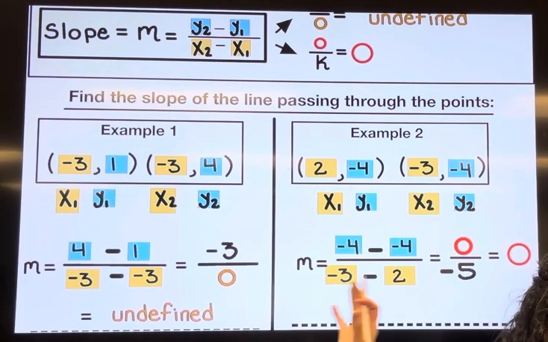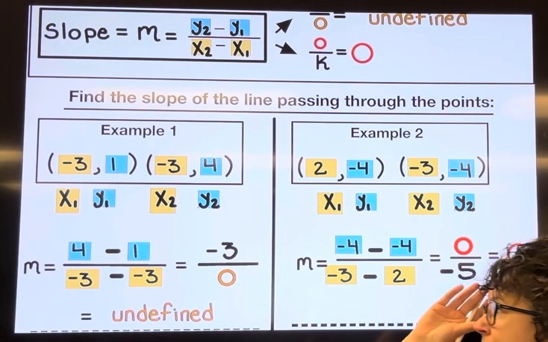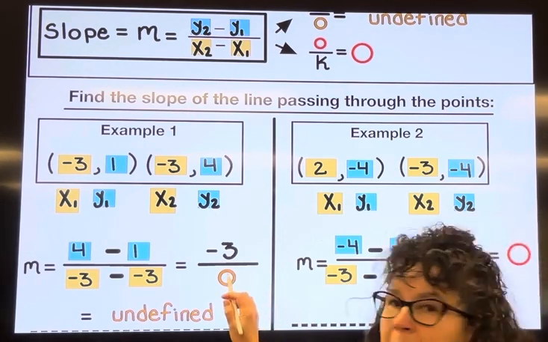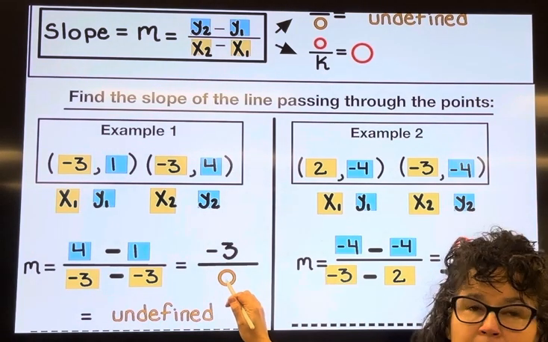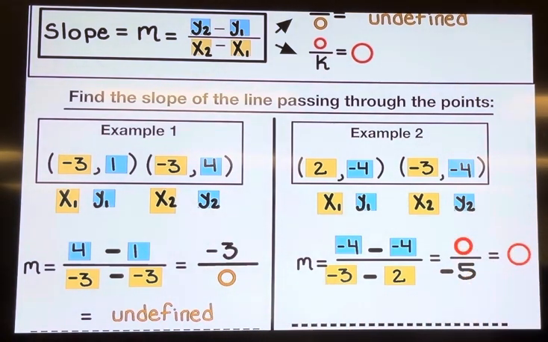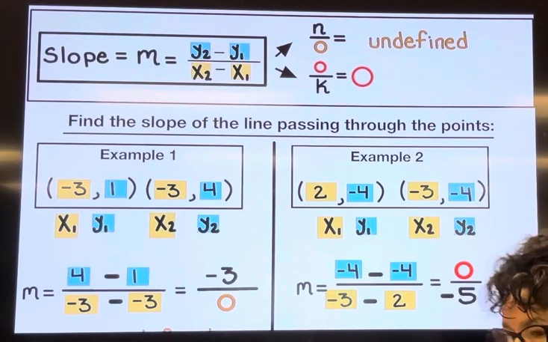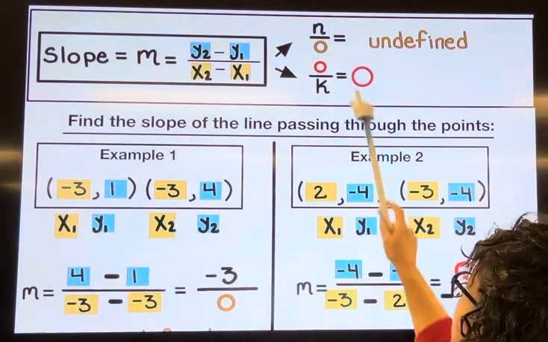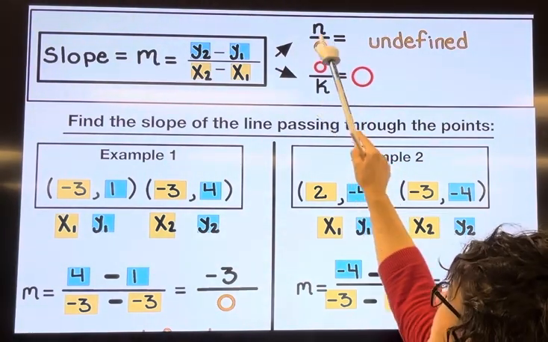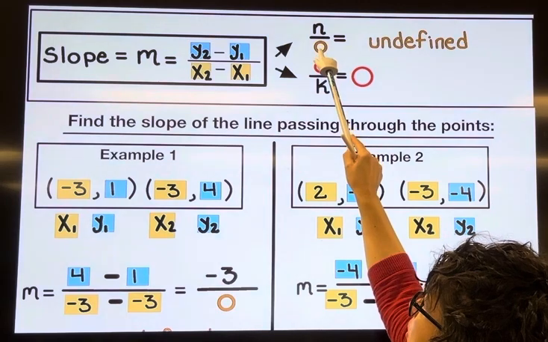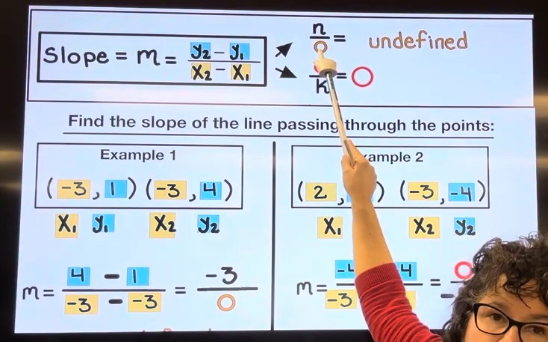Looking for a few shortcuts though in the process. Sometimes you just forget which one is which. Is dividing by 0 or 0 over a number the one that is 0 versus undefined? So this is just a silly trick here, using the word no and using the word okay. This is representing a number over 0. No, it doesn't have a numerical answer.